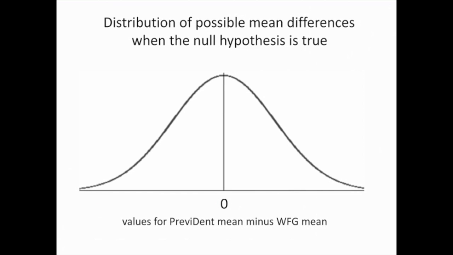If the null hypothesis is true, the researcher would expect her sample results to be around 0. But because of sampling variability, she might get results that favor Winterfresh gel or results that favor Prevident, even when there is no real difference between the two.